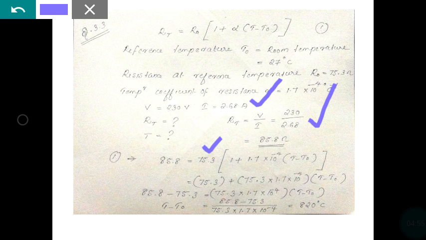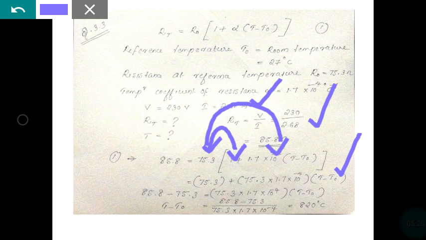So let us multiply this 75.3 with each and every term within the bracket. Let us write 75.3 into 1 is 75.3 plus 75.3 into 1.7 into 10 raised to minus 4 into T minus T0.